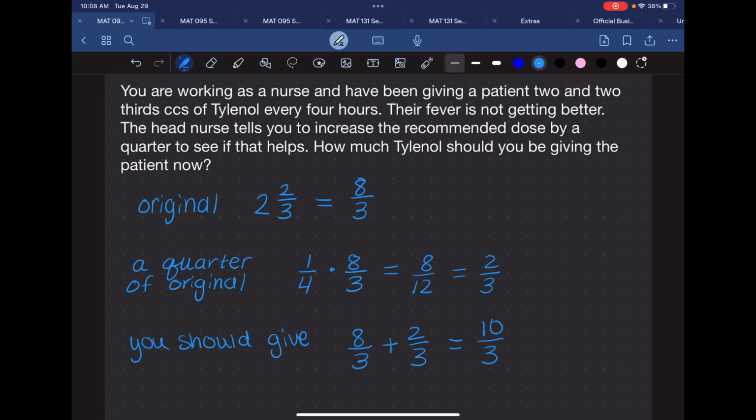And if you're wanting to write this as a mixed number, because let's say you're giving it out of a syringe, usually those are written in mixed numbers. So 3 goes into 10 3 times, and then we have an extra 1/3 left over. So we're giving 3 and 1/3 cc's of Tylenol the next time around.